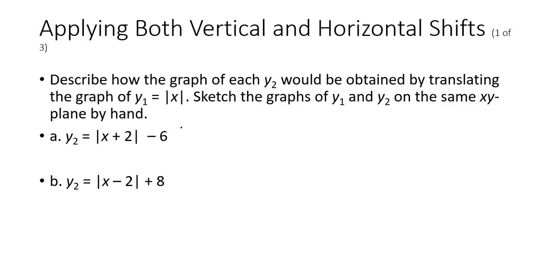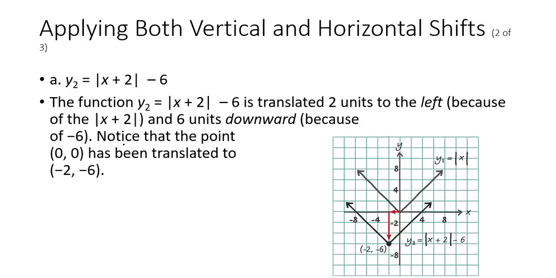So here it looks like we have a graph of absolute value of x shifted down 6 units, and here is plus 2, so that really is minus negative 2, so shifted to the left 2 units at the same time.